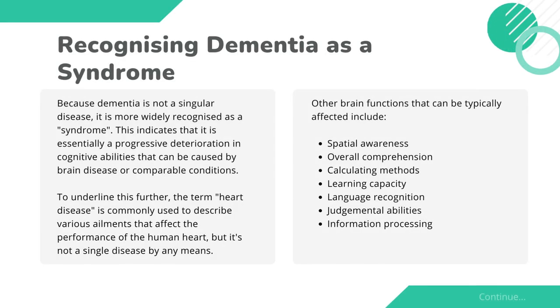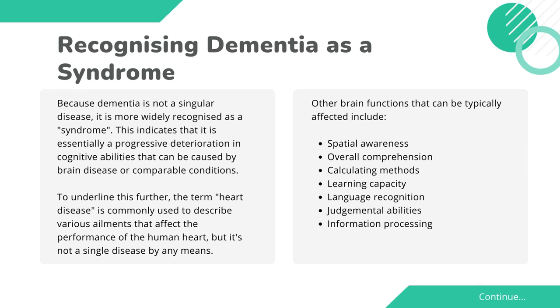Recognizing dementia as a syndrome. Because dementia is not a singular disease, it is more widely recognized as a syndrome. This indicates that it is essentially a progressive deterioration in cognitive abilities that can be caused by brain disease or comparable conditions.